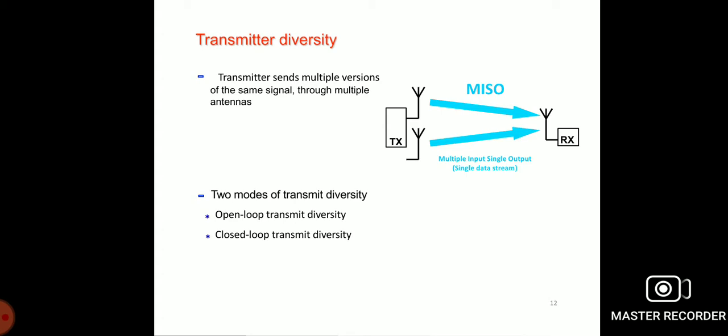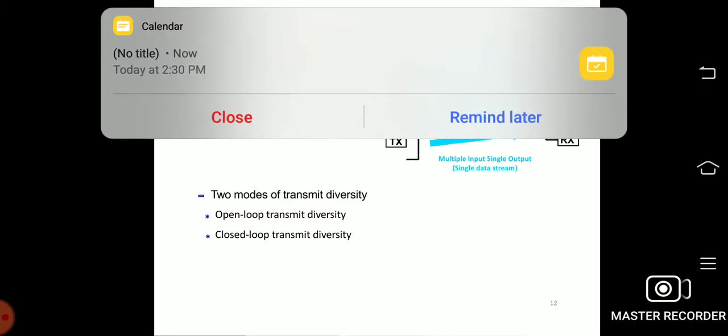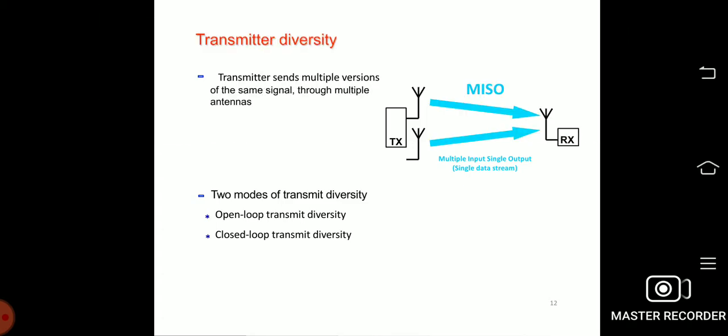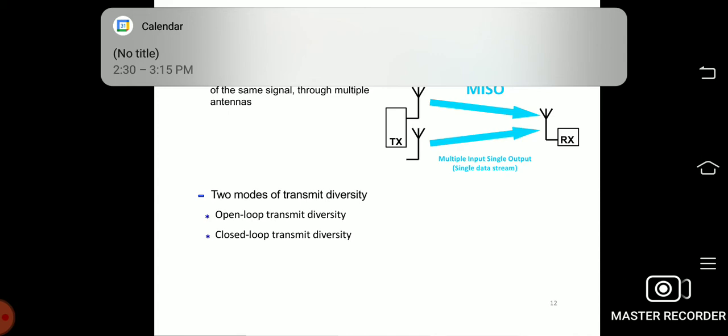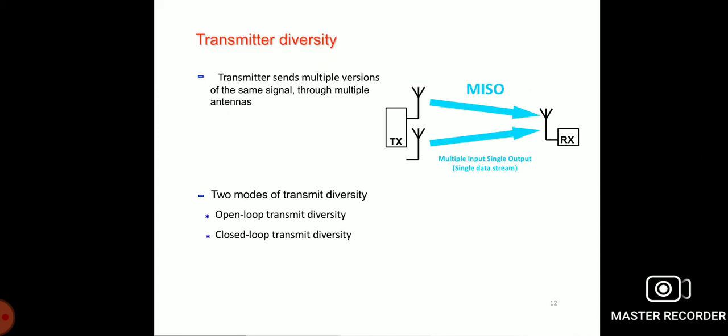Number one, transmitter diversity with the channel state information, and also transmit diversity without the channel state information. In the first case, the transmitter knows the channel clearly; the information is obtained from feedback from the receiver unit.